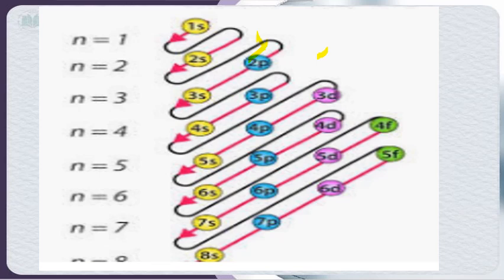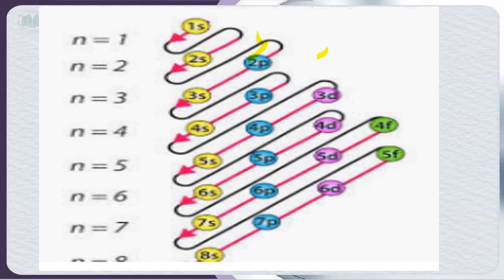After 2s, it is 2p which will be filled. After completing 6 electrons in the 2p orbitals, you will go onwards to 3s. From 3s, the movement will be towards 3p. After arranging 2 electrons in 3s, 6 electrons in the 3 orbitals of p will be accommodated.